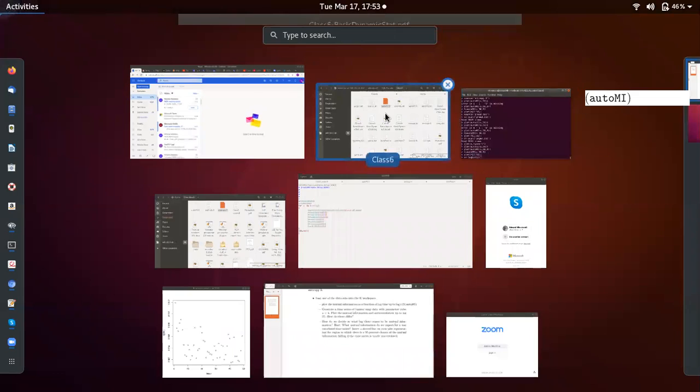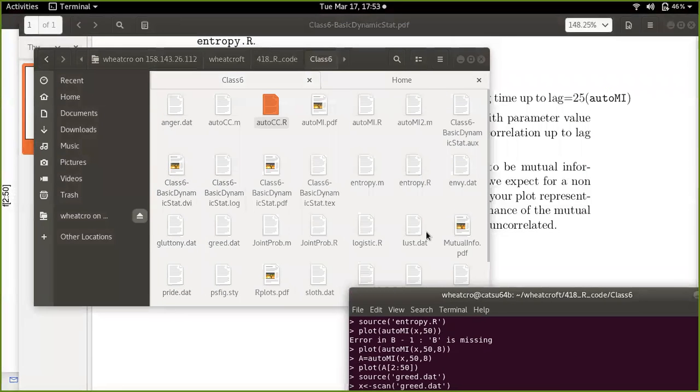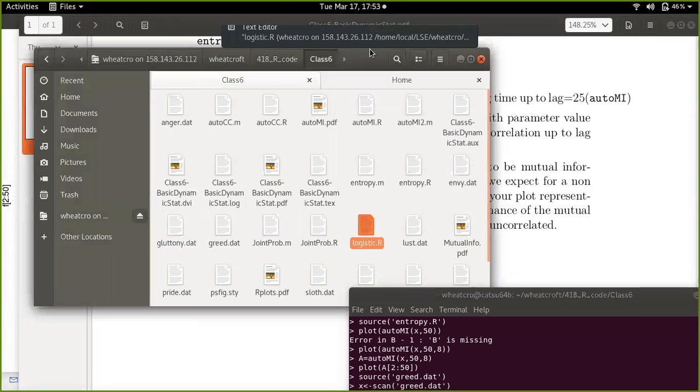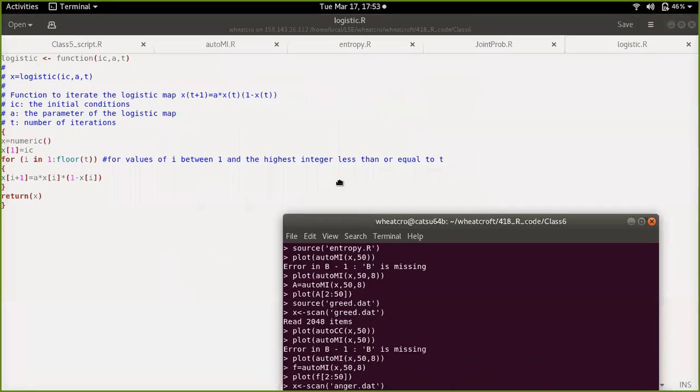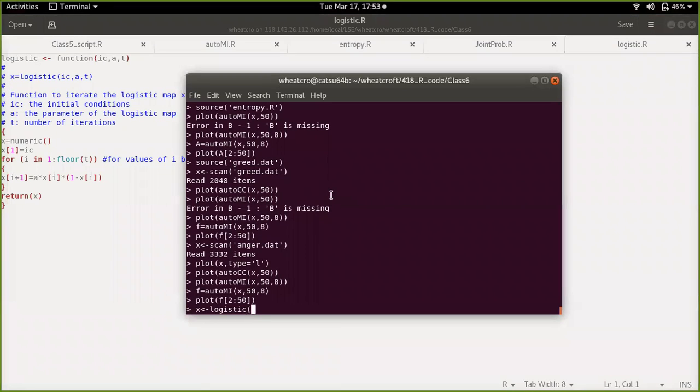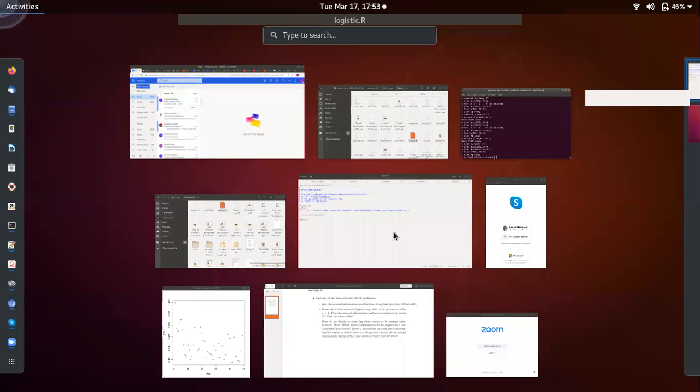Just remind myself how we run this. So okay, it's a function of the initial condition. So we'll say 0.4, say value of a, and we'll run it out for 4,096 points.